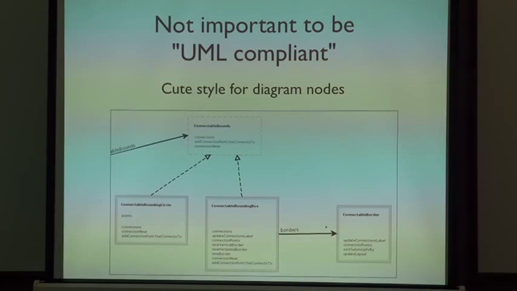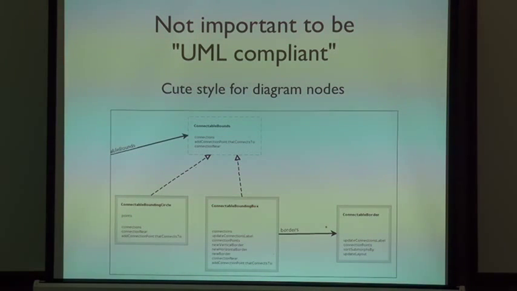So, a few key points of this project. The important thing is not to respect the UML syntax and all the rules that it has. It doesn't have to be UML compliant. The thing is that diagrams must help me to communicate.